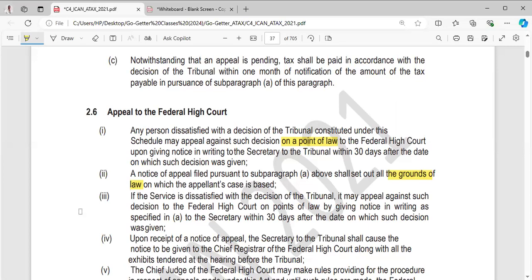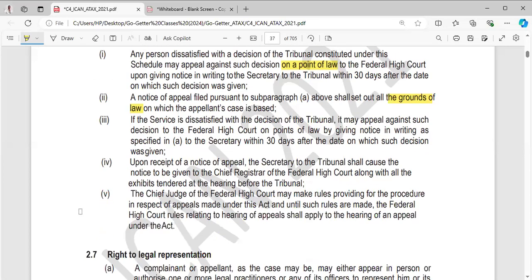Now, upon receipt of a notice of appeal, the secretary to the tribunal shall cause the notice to be given to the Chief Registrar of the Federal High Court along with all exhibits tendered at the hearing during the tribunal. So they have written, we are not happy with the decision.